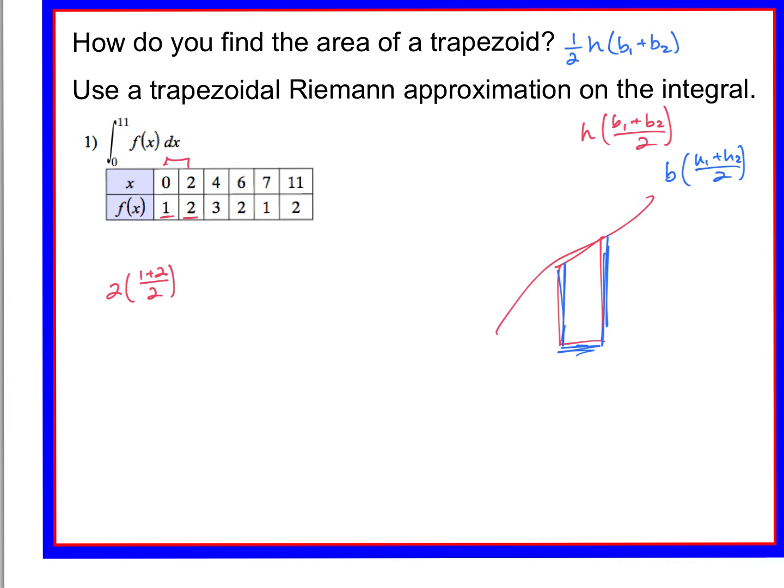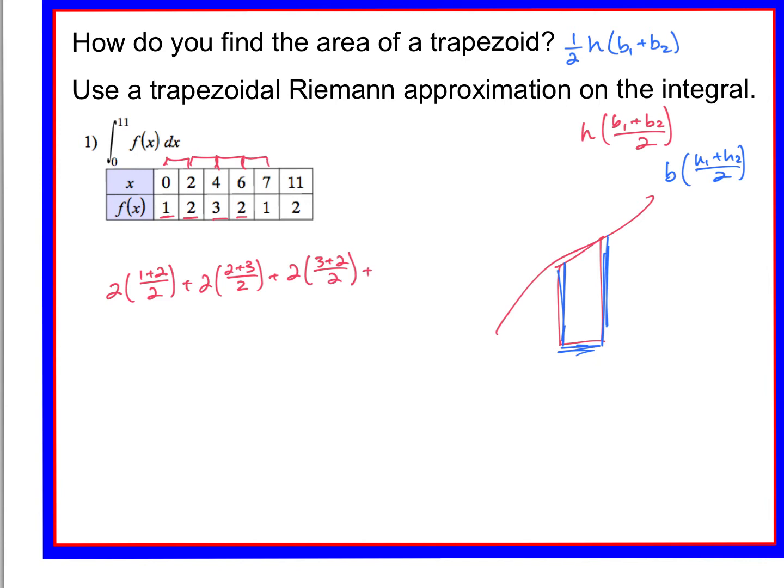All right. And then let's do the next one. So now I have a width of what again? 2. And then I have 2 plus 3 over 2. And then what's my width again? 2. And then the average of my heights or my y values are 3 plus 2 over 2.